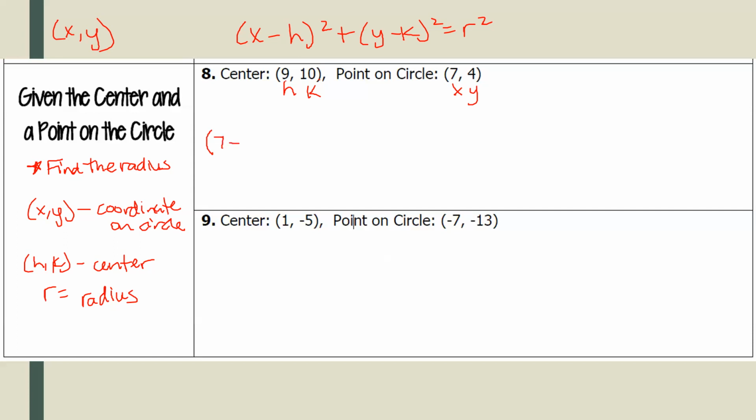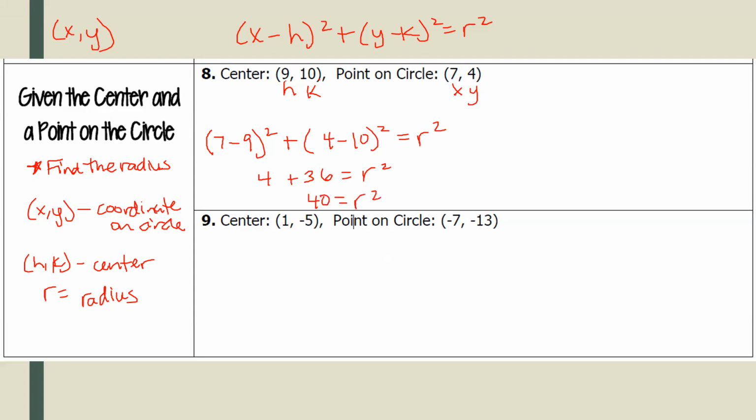X is 7, h is 9, squared, plus y is 4, k is 10, squared, equals r squared. So let's see, 7 minus 9 is -2. -2 squared is 4. 4 minus 10 is -6. -6 squared is 36.